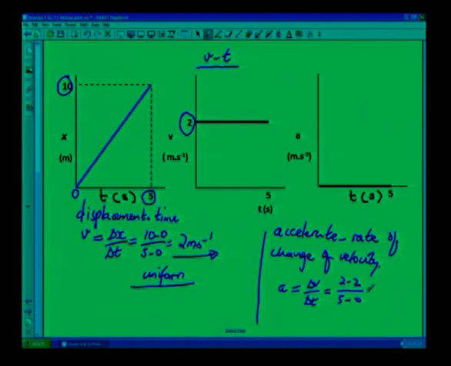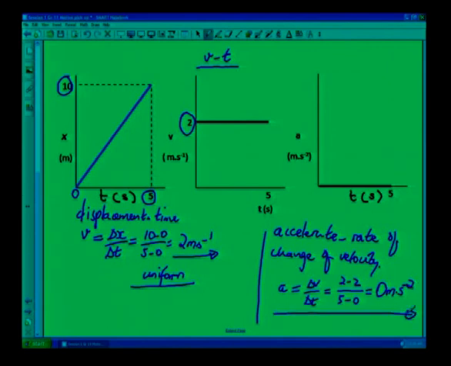So you've got 0 divided by 5, and that is 0 meters per square second, okay?